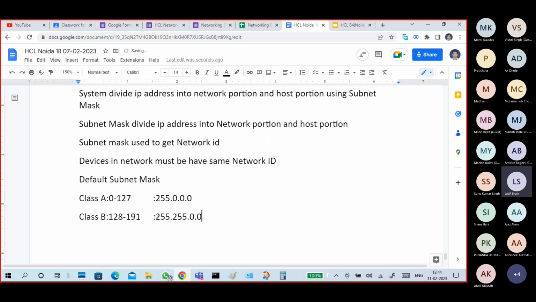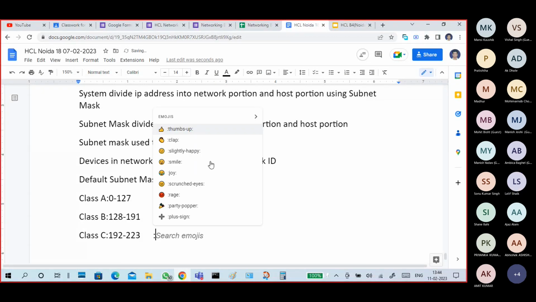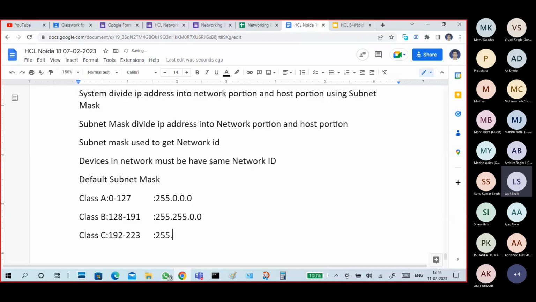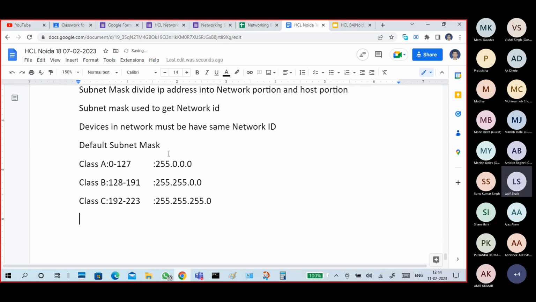Telling repeatedly, and if you at least read once, you will remember. This is the default subnet mask of class A, class B, class C.